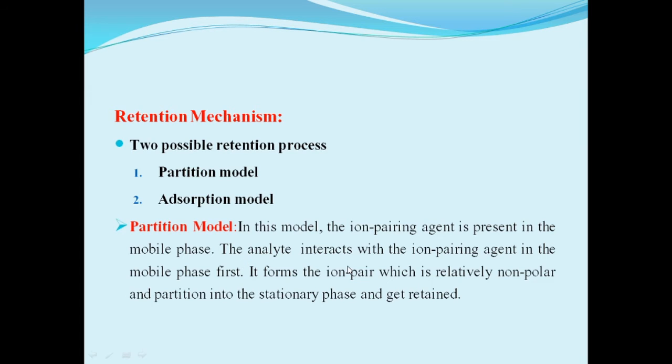The analyte interacts with the ion pairing agent in the mobile phase first. It forms the ion pair, which is relatively nonpolar, partitions into the stationary phase and gets retained.